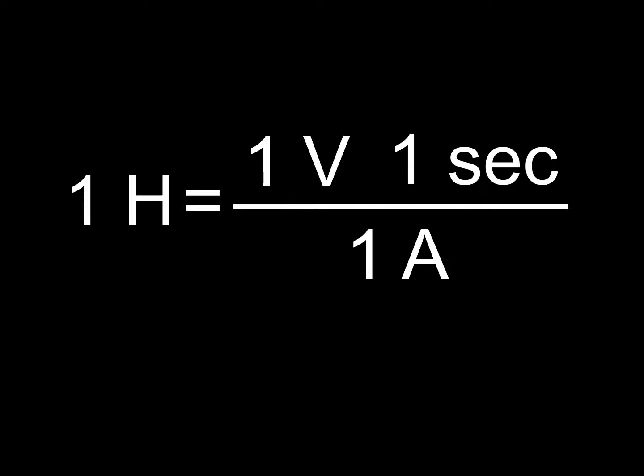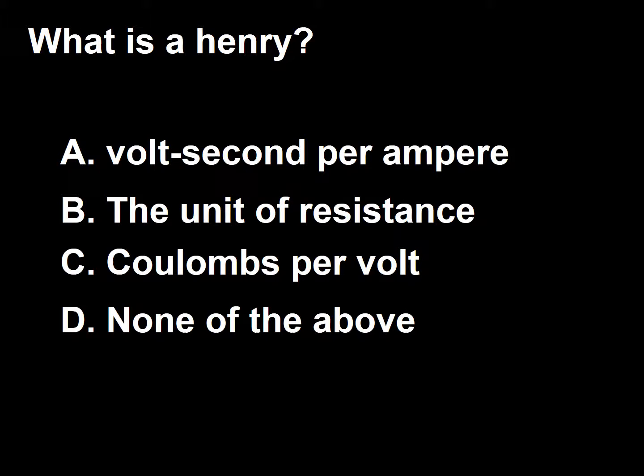A permutation of this formula produces the following conclusion. 1 Henry is equal to volts per second and inversely proportional to 1 amp. So the answer to this question is A.